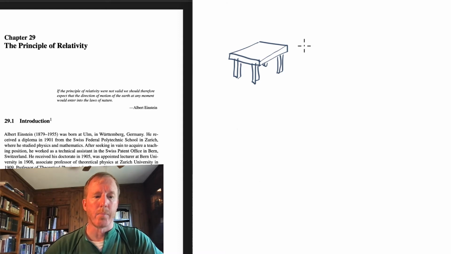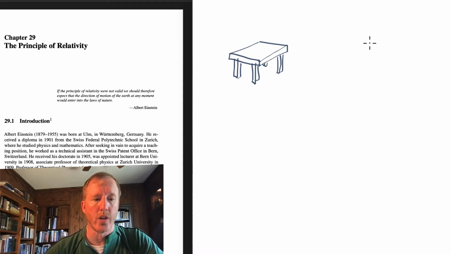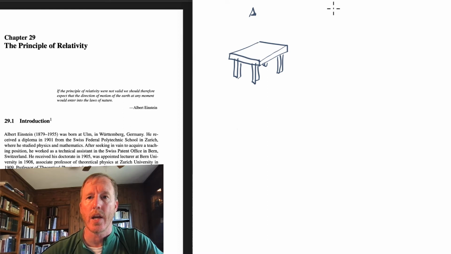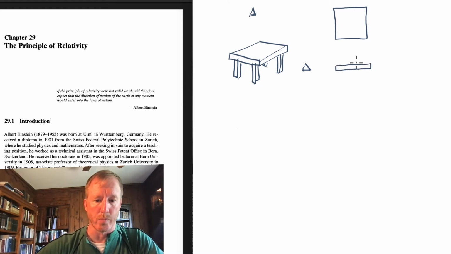The point is that the tabletop may appear different to different people. If one were to look at it from above, so if this is your eye looking down at it, then you would see it to be a square. But if you were to look at it instead from the side at the tabletop, then you would see a long, narrow rectangle. This is no surprise to you.